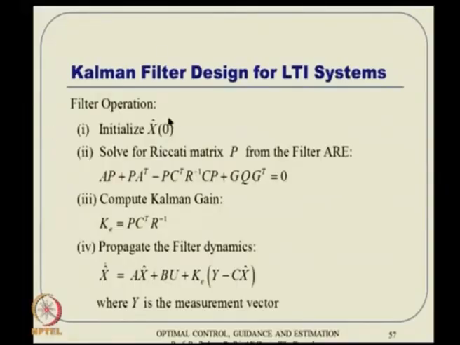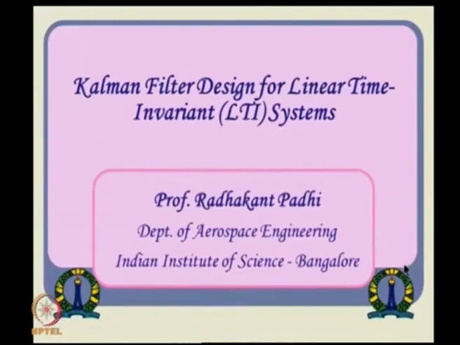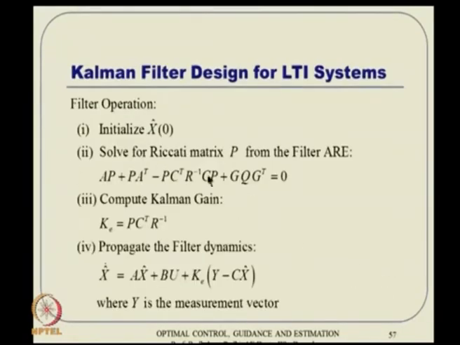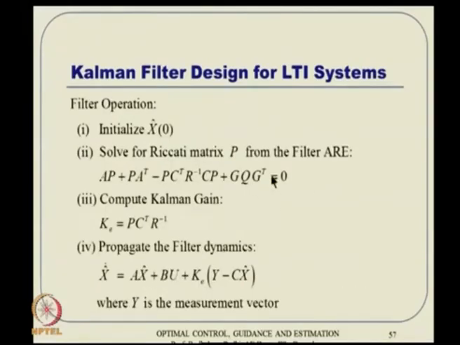We have to initialize with some guess value, and then it ends up with this filter Riccati equation in this form, very close to the observer equation. If you see this observer equation here and this filter equation here, it is very close; only the g times g transpose was not there before. So this process noise influence matrix now appears explicitly.